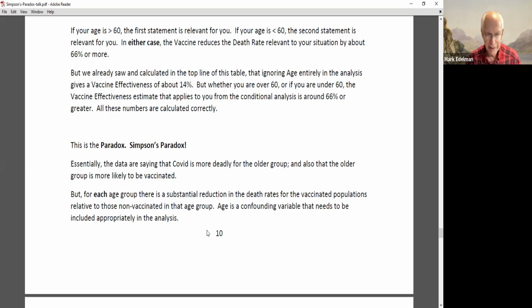I hope I'm getting this right. But the catch was that he was talking about preventing serious disease, enough disease to go to the hospital.